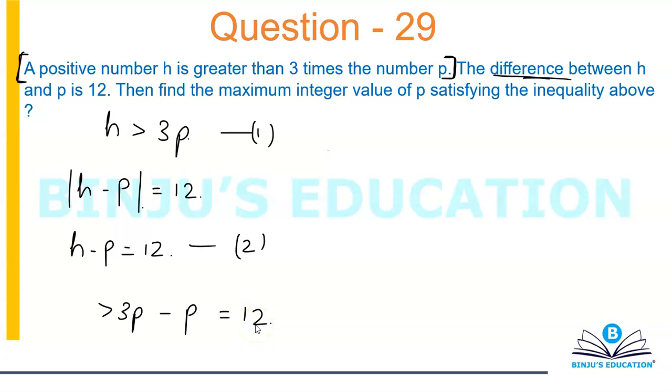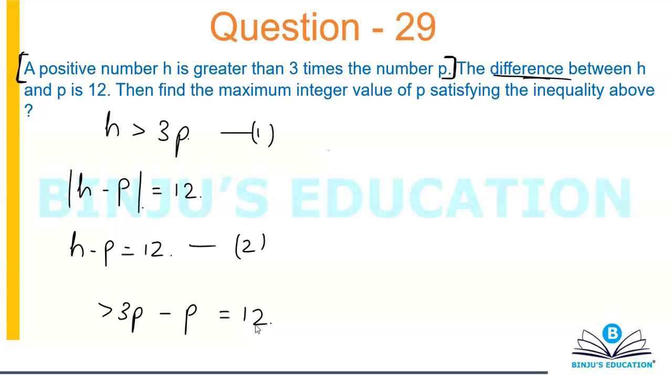Now understand it this way. If this equation was 3p minus p, I could have simply rewritten this as 2p, right? But this is greater than 3p.